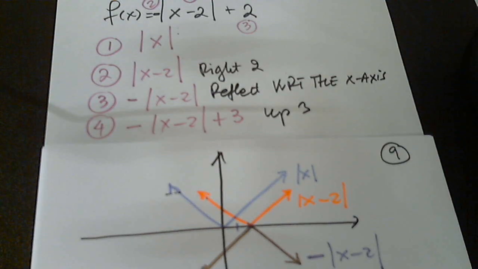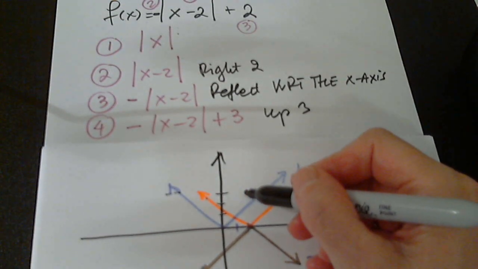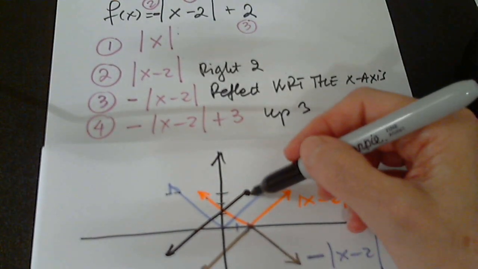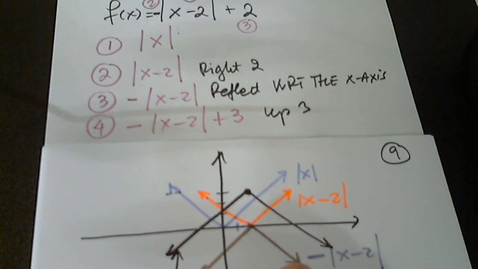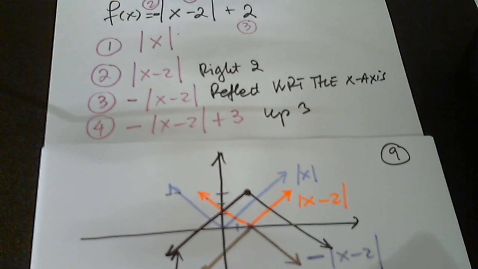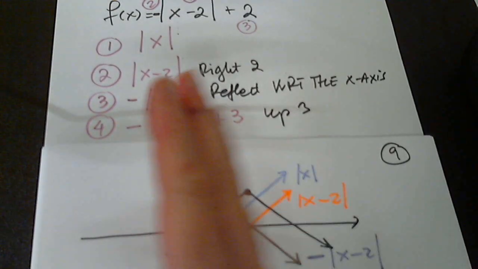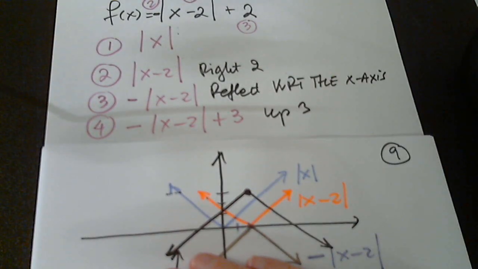Fine. 1, 2, 3. I move this up 3. This is final. f of x equals negative the absolute value of x minus 2 plus 3. So first, shift to the right 2. Then we reflected it with respect to the x-axis. And then we went up 3.